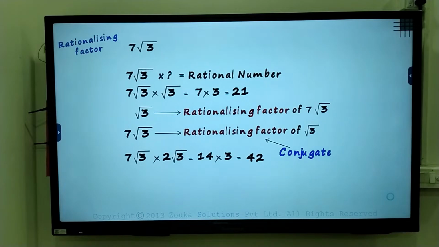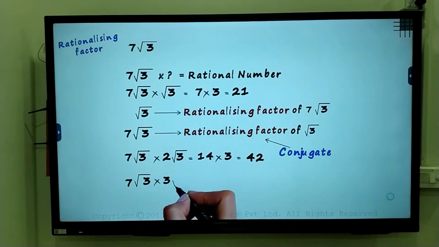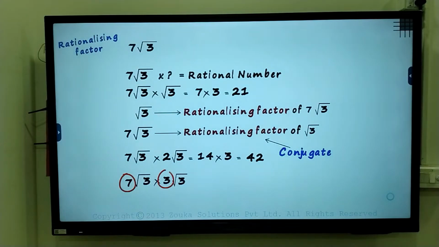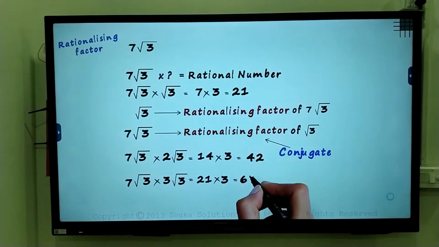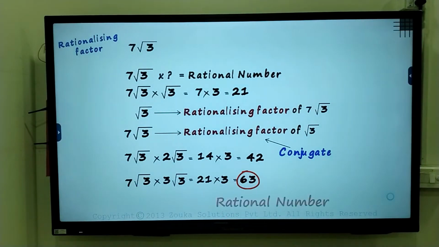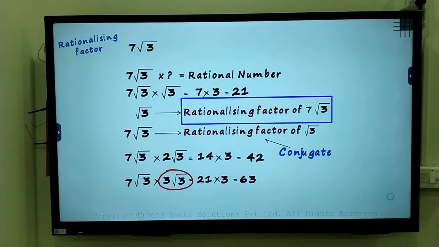We have found two rationalizing factors of 7 root 3, which proves that a rationalizing factor of a number is not unique. Now let's try multiplying 7 root 3 with 3 root 3. 7 multiplied by 3 is 21 and root 3 multiplied by root 3 equals 3. Hence this will equal 21 multiplied by 3, which equals 63. And 63 is also a rational number. So 3 root 3 is also a rationalizing factor of 7 root 3.